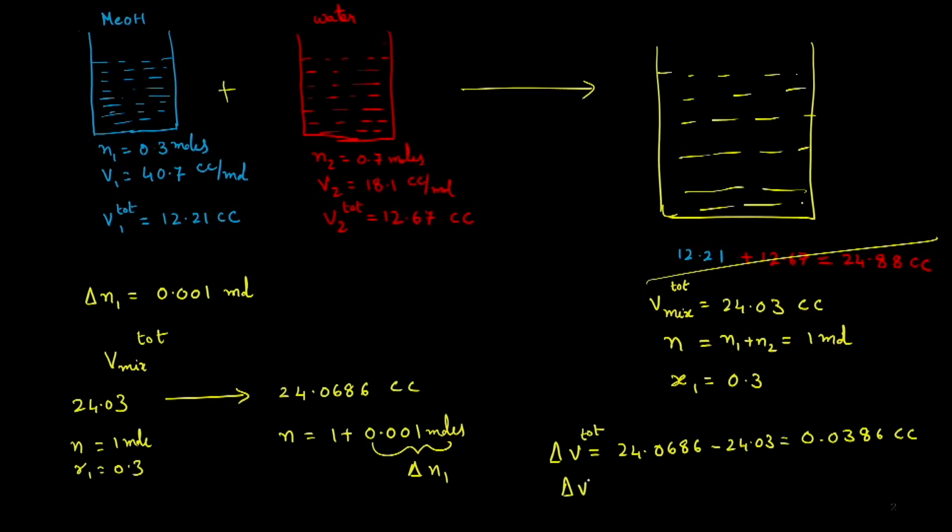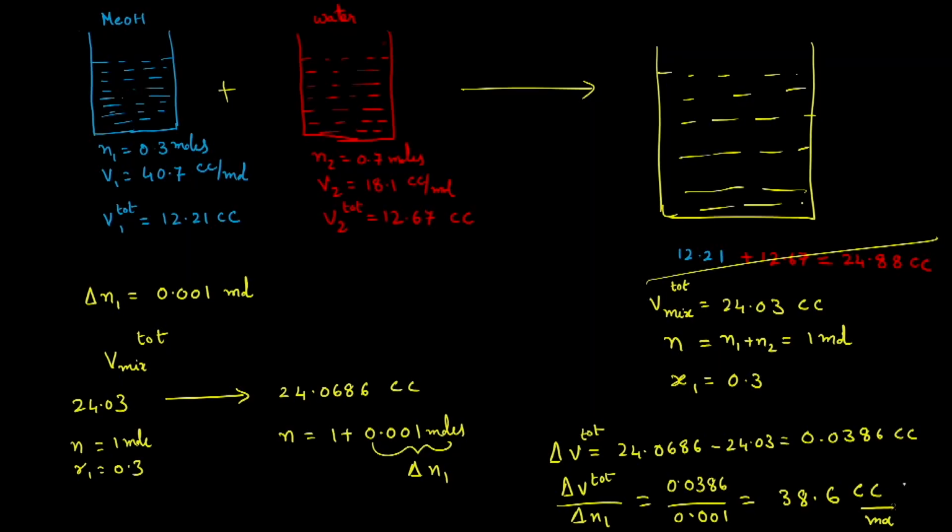So if I divide the change in the total volume by delta N1, 0.0386 over 0.001, the total volume change per number of moles of methanol I have added, this value turns out to be 38.6 cc per mole.